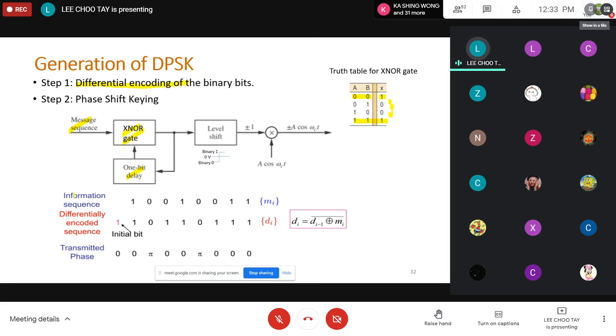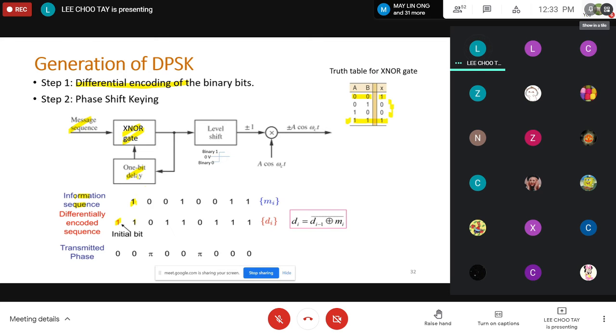Now let's look at the information sequence given here. I have my current bit, which is 1. In this example, I choose the initial bit as 1 as well. So 1 exclusive NOR with 1 will give me a 1, which is this one here.